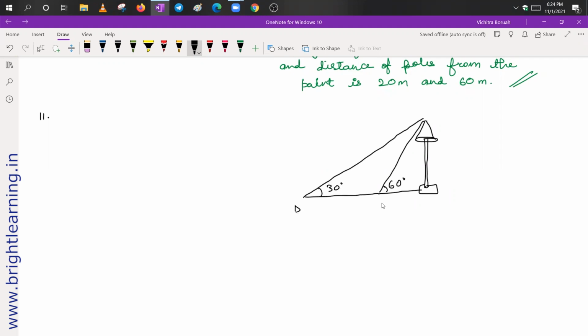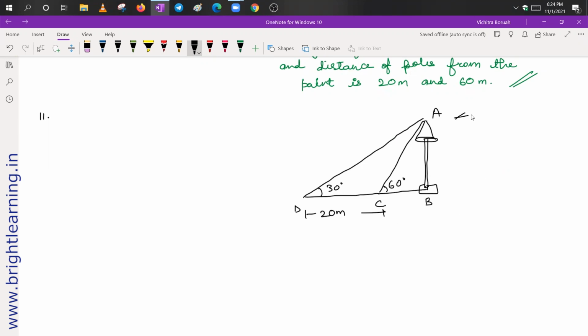So this is point D, this is point C, this is point A, this is point B. And this distance is given, which is 20 meters. So now here we have to find the height of the tower.